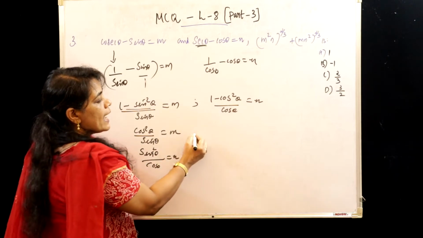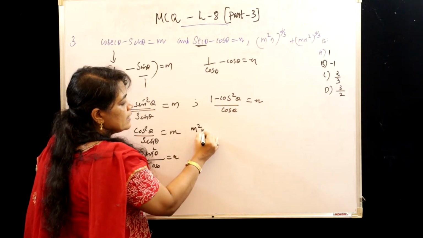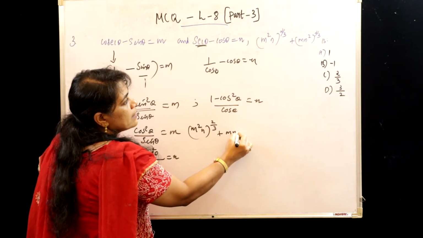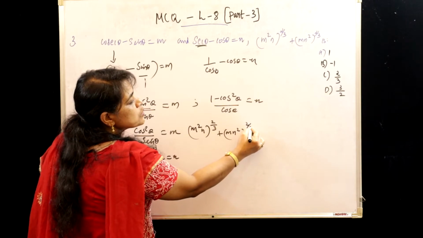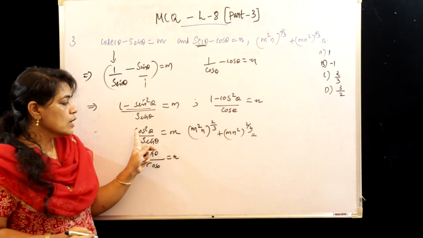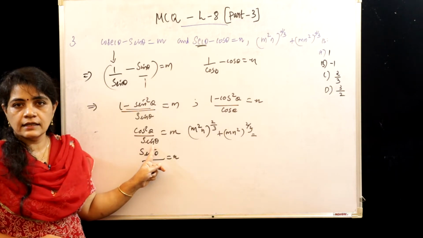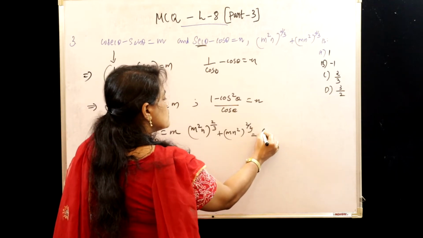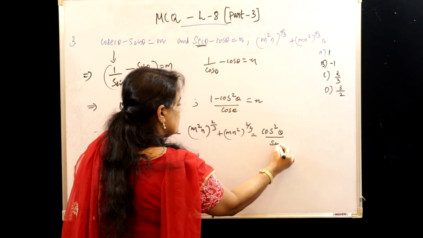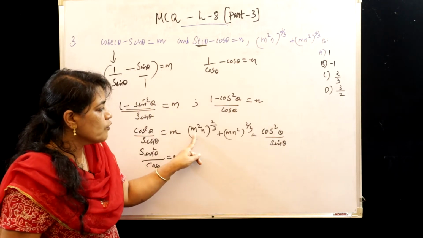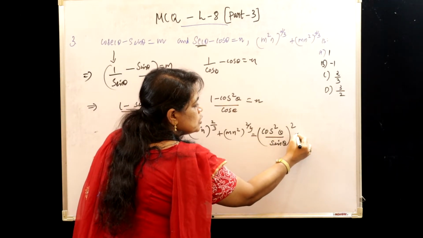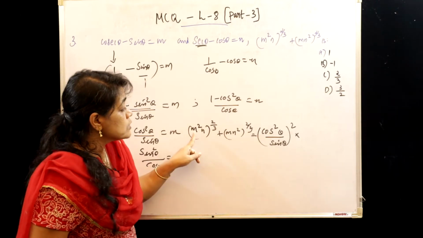That is m square n whole raised to 2 by 3 plus m n square whole raised to 2 by 3. m square n equals, m is cos square theta divided by sin theta, in place of m, and take its square, into n.